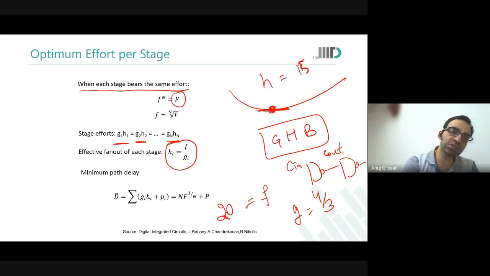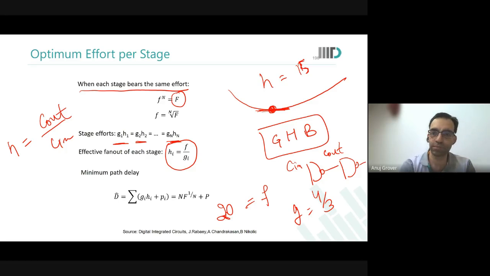What is H? H is electrical effort, is C out by C in. So either you say that C out is 15 times C in, which means अगर इसका साइज जो है वो 2 है तो इसका साइज 30 हो सकता है। समझ में आया?